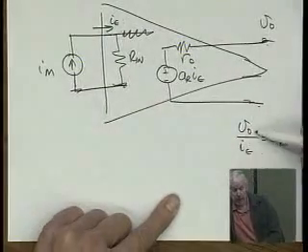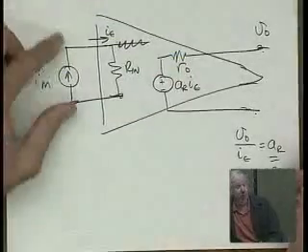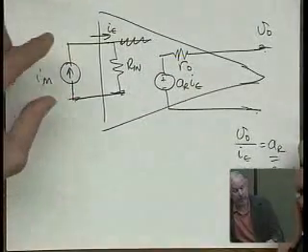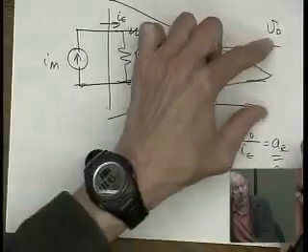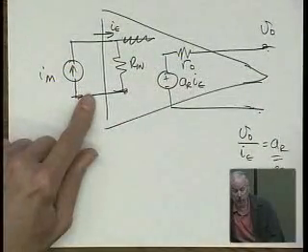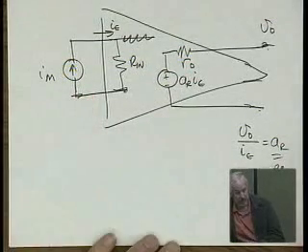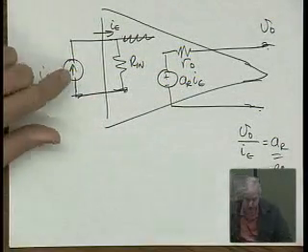This has units of resistance, so this is a transresistance amplifier. We have an input current, we get an output voltage.